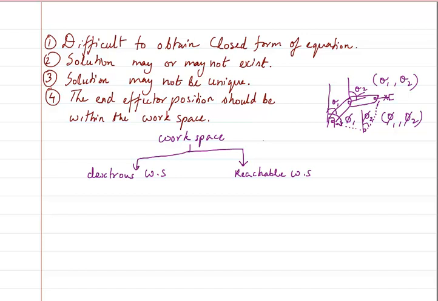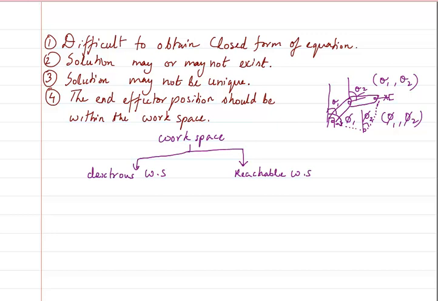That is the difference between dexterous workspace and reachable workspace. In dexterous workspace, the position and all orientations will be possible there. Whereas in reachable workspace, you will have only the position and one or two orientations possible. You will not be able to have all orientations possible.